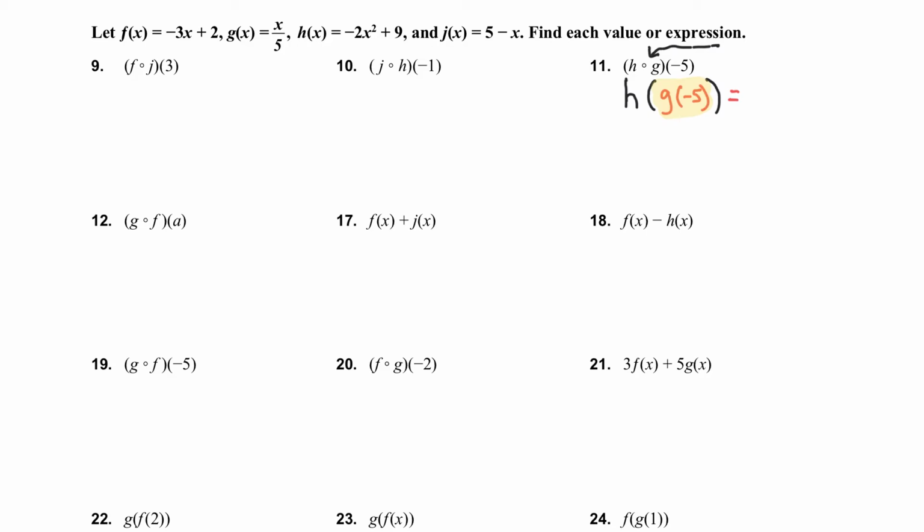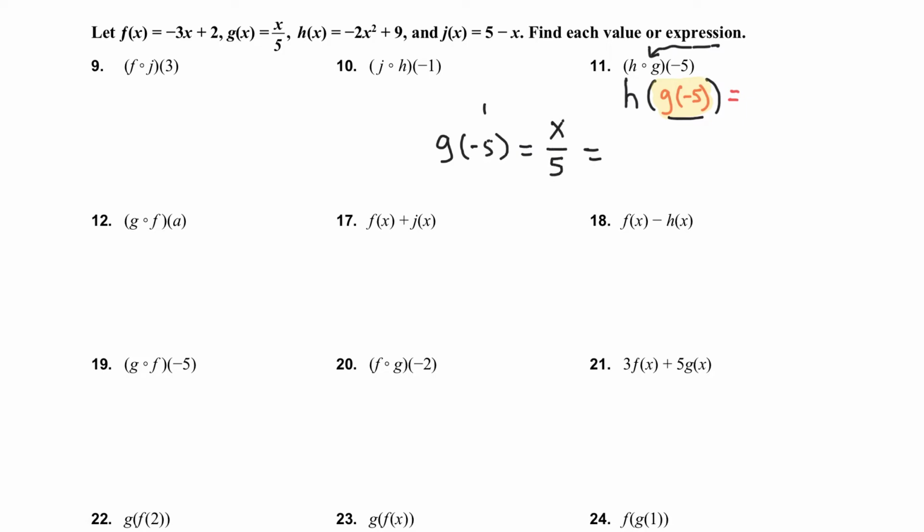You might be asking, what do you have to do first to do this problem? Well, it's asking you to evaluate g of negative 5. I'm going to do this on the side. We have g of negative 5. That's the input. So I'm going to go to function g, and function g has x over 5.